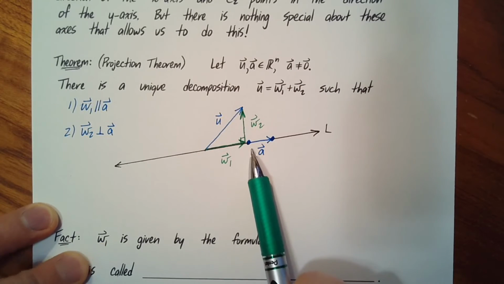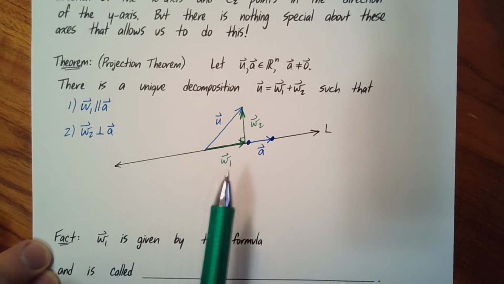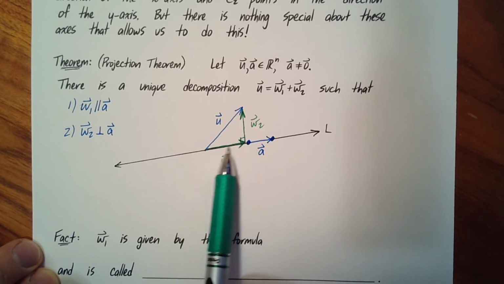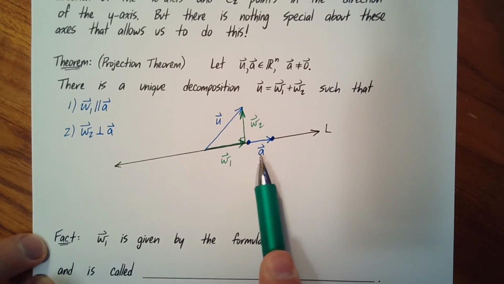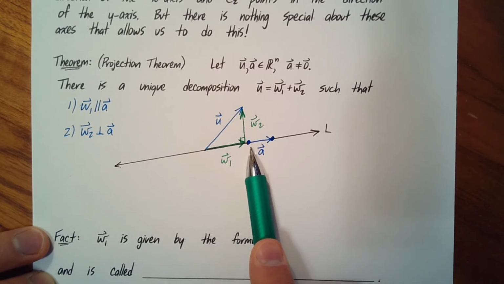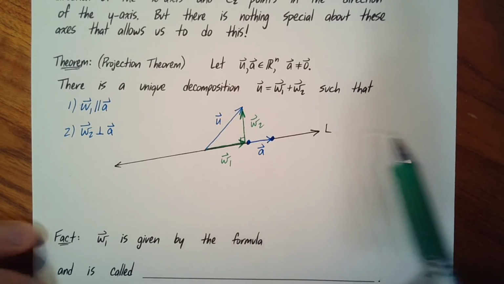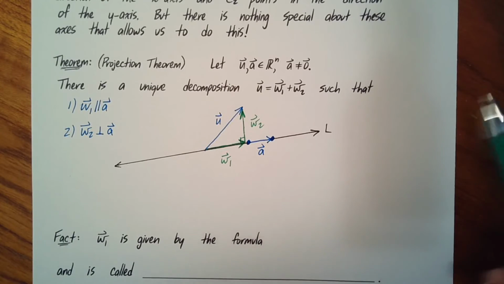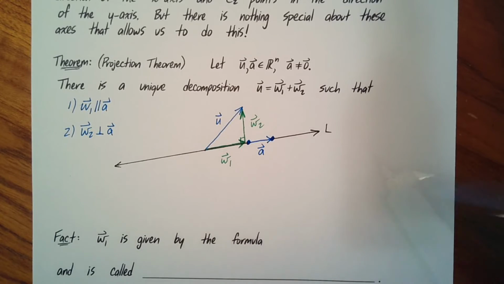Now, in hindsight, I wish I would have drawn this a little bit further away, because I don't want to give you the impression that A actually has to be joined onto this triangle at all. That's not the case. They're completely separate. The only important thing about A is that it has to be the direction vector of this line L, in the sense that, again, if the initial point of the vector A is on the line L, then so is its terminal point.